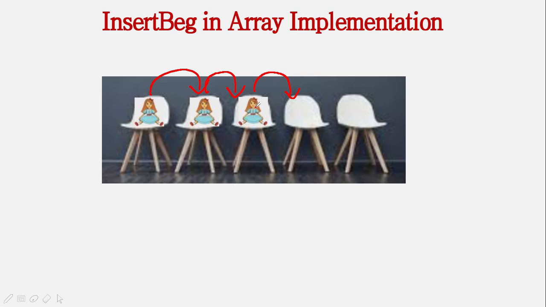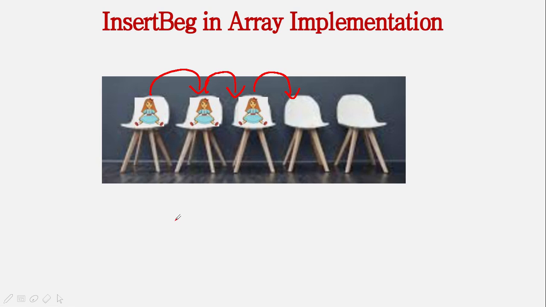When you look at this, the new person who is entering the room has to wait till all the 3 persons have shifted their positions and made the free space, right?